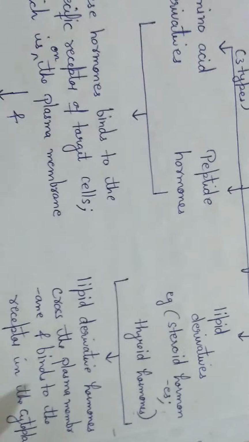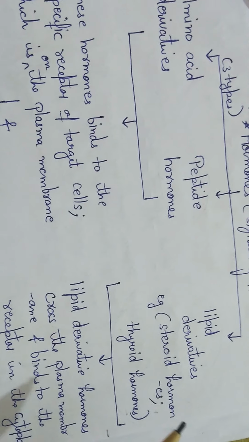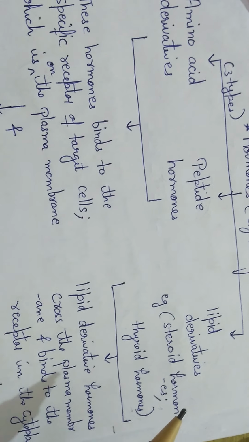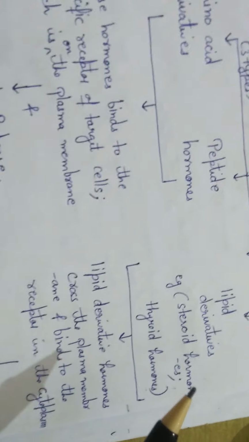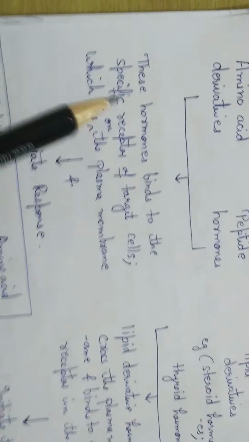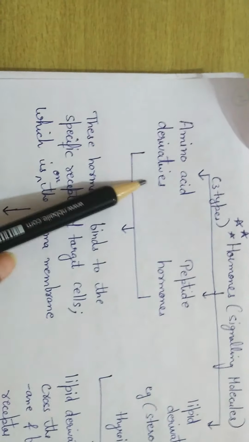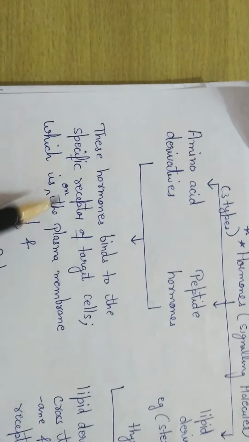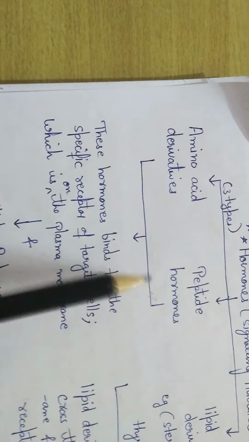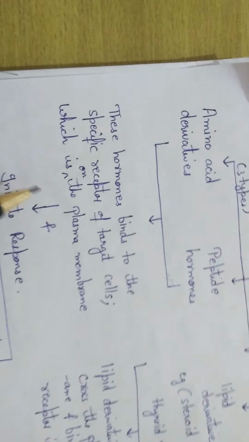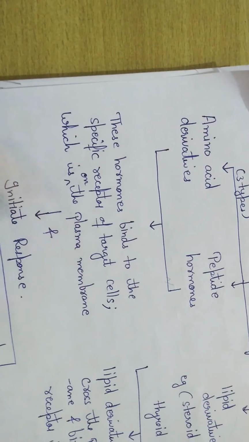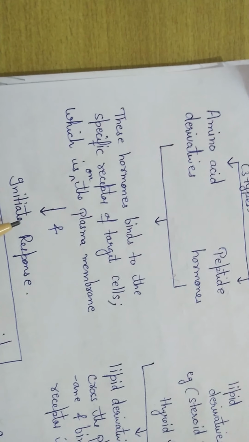You can say that they are lipid derivative hormones, and they can cross the plasma membrane and bind to the receptor in the cytoplasm, and in this way they can initiate the response. But the amino acid and peptide hormones bind to the specific receptor of the target cell, but they cannot cross the plasma membrane.